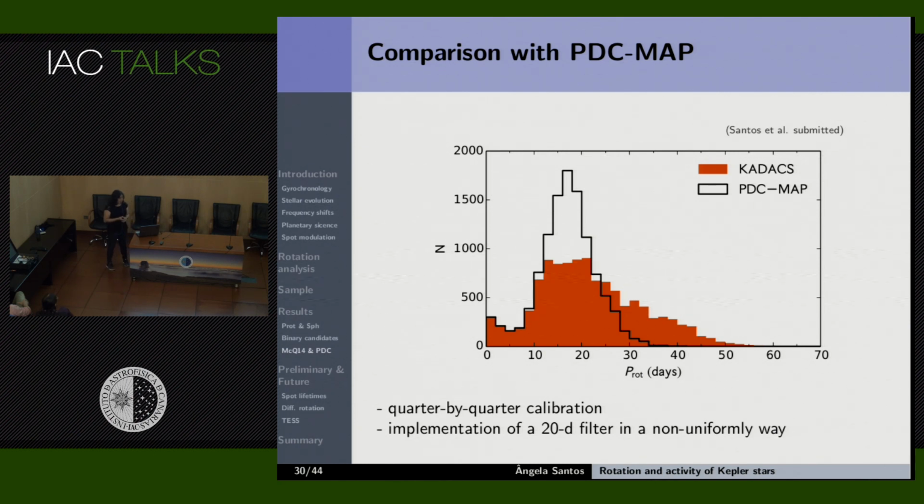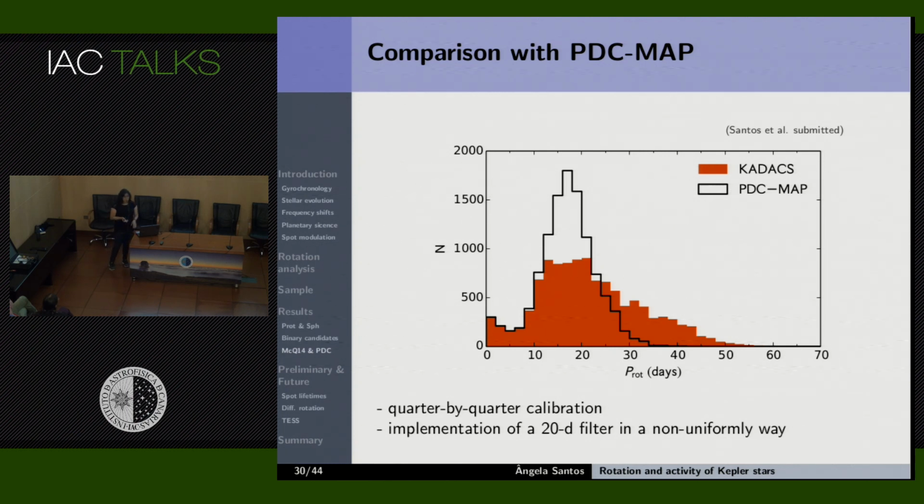And in comparison with the PDC-MAP light curves, I said previously that the set of light curves that we use is also important for these kinds of studies, and we can see here that there's a difference for the rotation periods obtained with the PDC-MAP light curves and the KADACS light curves. These two histograms correspond to the same exact stars, and we can see that the distribution of rotation periods for the PDC-MAP light curves is shifted towards shorter periods, and also with these light curves we cannot go to longer periods.